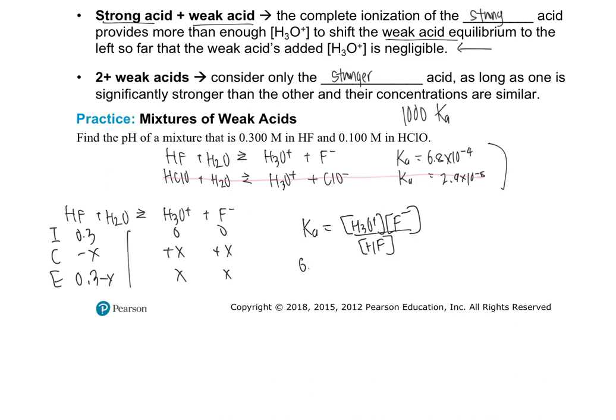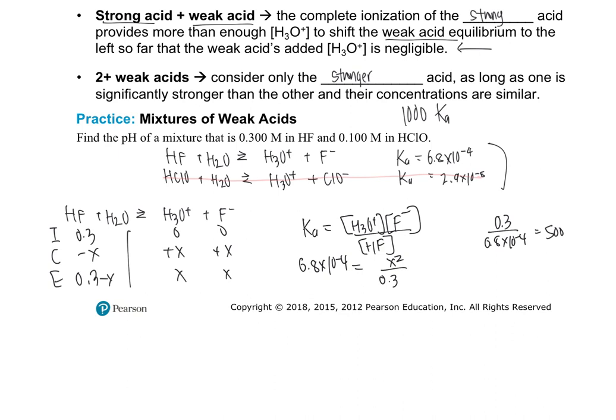So that's 6.8 times 10 to the negative 4 equals X squared over 0.3. Now can we do it? Let's check. 0.3 over 6.8 times 10 to the negative 4. Well, this is about 500. So I'm going to try it.